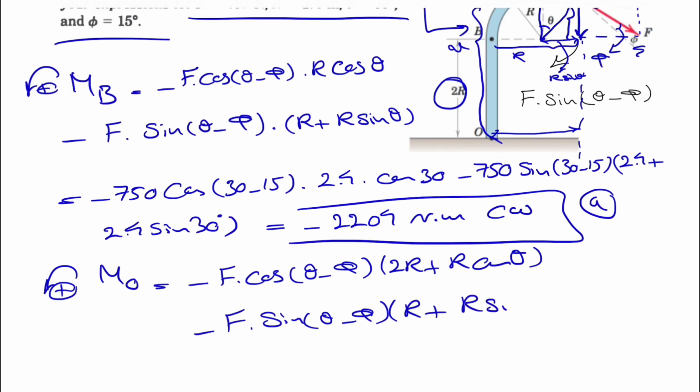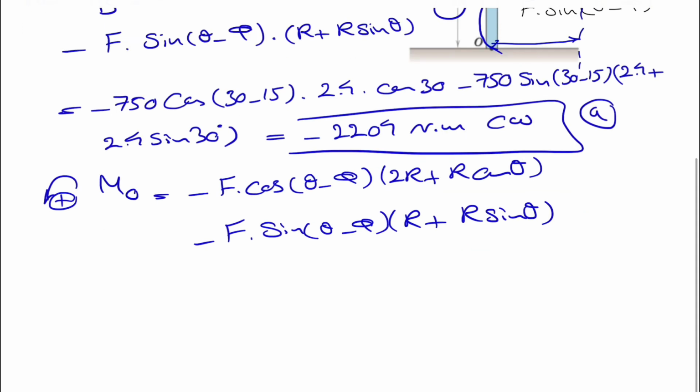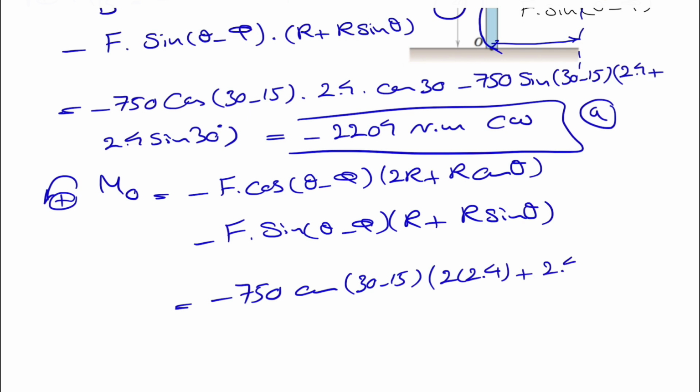So r plus r sine of theta, and from here we can just substitute the numbers that we have, minus 750 cosine of 30 minus 15 times 2r, which is 2 times 2.4 plus 2.4 cosine of theta, which was 30 degrees.